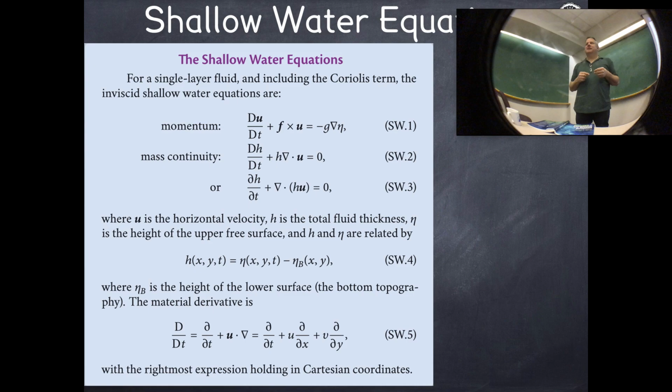Baroclinicity, or the thermal wind flow. So remember last time we talked about the thermal wind and the shear and that being part of it. So in this system, we definitely don't have convection. We don't have vertical motions driven by hot or cold air or water, or salty water or moist air, for that matter.